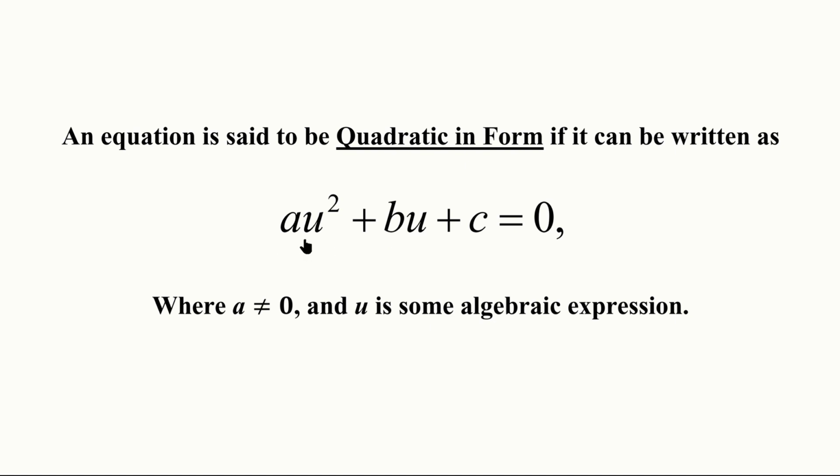It could be any expression, okay? U can be any algebraic expression, and as long as we have that, we basically have an equation in quadratic form. So why do we not want a to be 0? Because remember, if a is 0, it's no longer quadratic. This term collapses, you go down to a linear equation. So that's why we want to specify that a should not be 0.